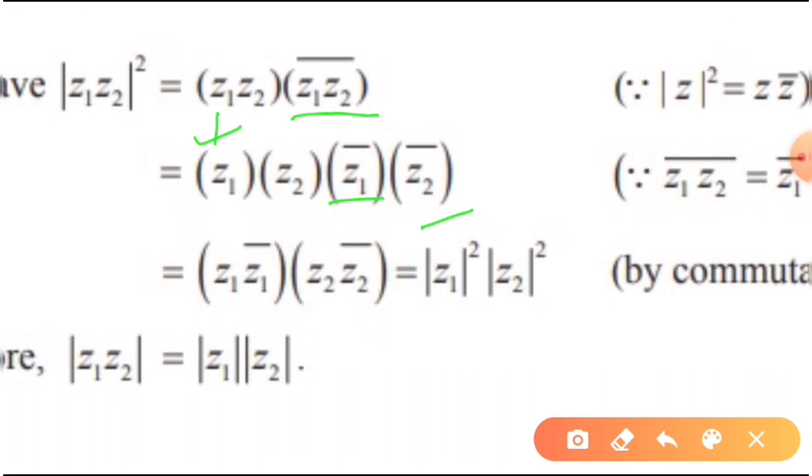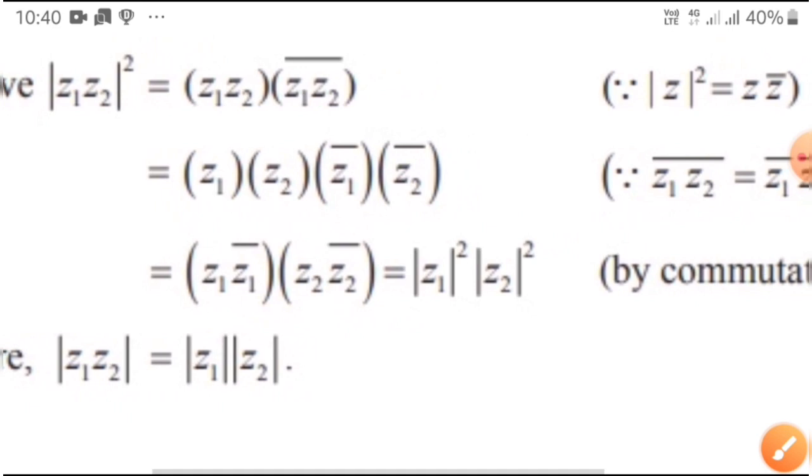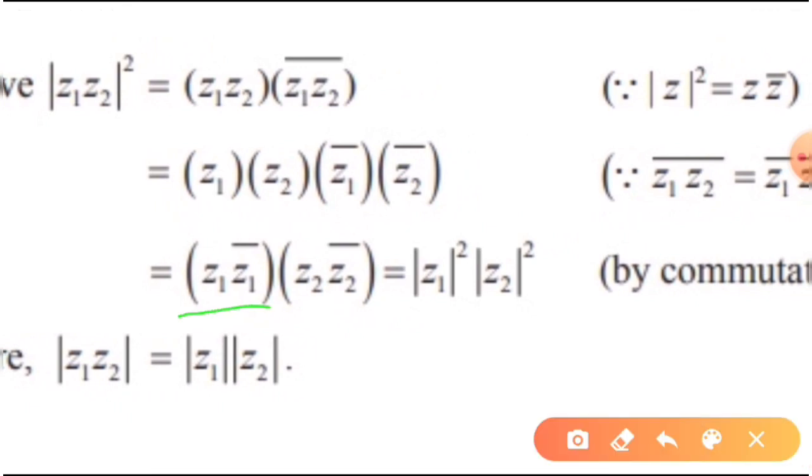Okay. Now rearrange this: z1 z1 bar and z2 z2 bar. We know that z1 z1 bar is modulus of z1 squared, z2 z2 bar is modulus of z2 squared.